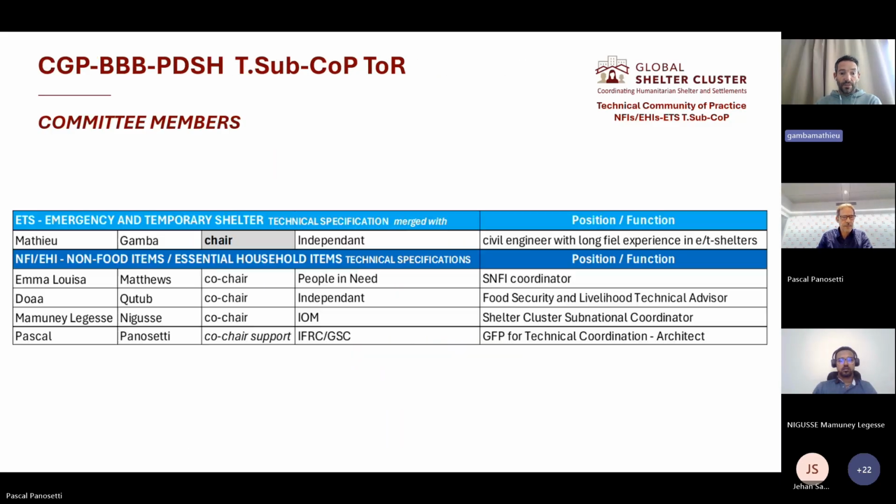So we are 5, and I would like to take that opportunity to ask if any of you is interested to become a member and a co-chair of the group, because it would be very useful to have an additional person to join us. And if that's the case, please mention it in the chat or send an email to Pascal, and we'll be very happy to welcome you.